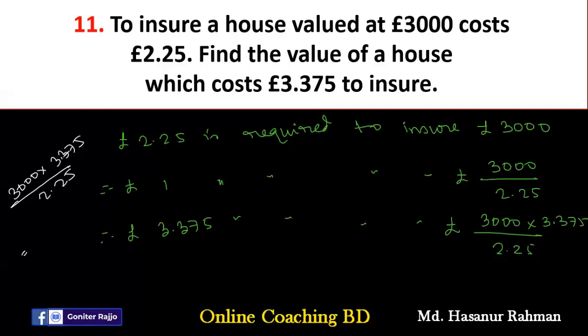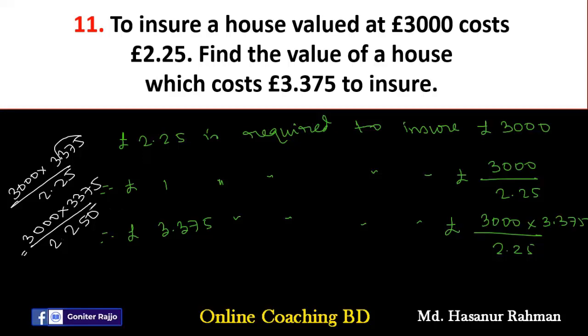If we move the decimal point 3 digits to the right side of the numerator, then we have to also move the point in the denominator. So 2.25 will be converted into 2.250, and this point will move after 3 digits. Okay, now we have to divide.